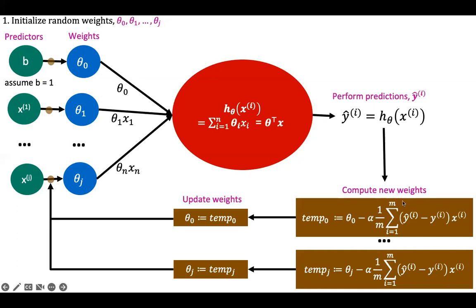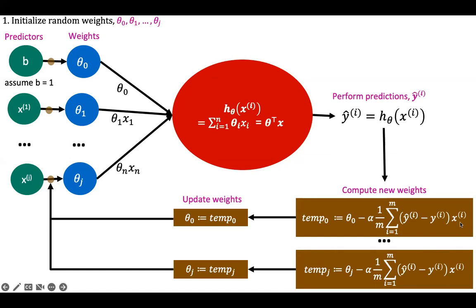And in order for us to compute new weights, we can simply use this formula. We have the temp for all of the weights. We simultaneously compute the new values. We have theta minus the learning rate alpha times 1 over m, where m is the number of samples.